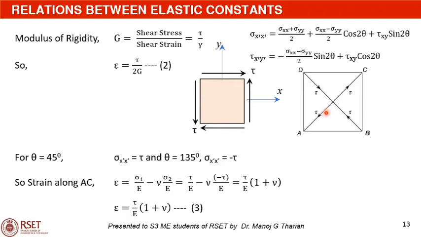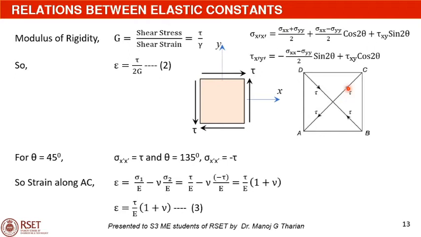Also, we can find the normal stress along direction BD, that is the normal stress on a plane which makes an angle of 135 degrees with the positive x-axis, using the same equation, and we will see that the normal stress along DB is equal to minus tau, that is a compressive stress.